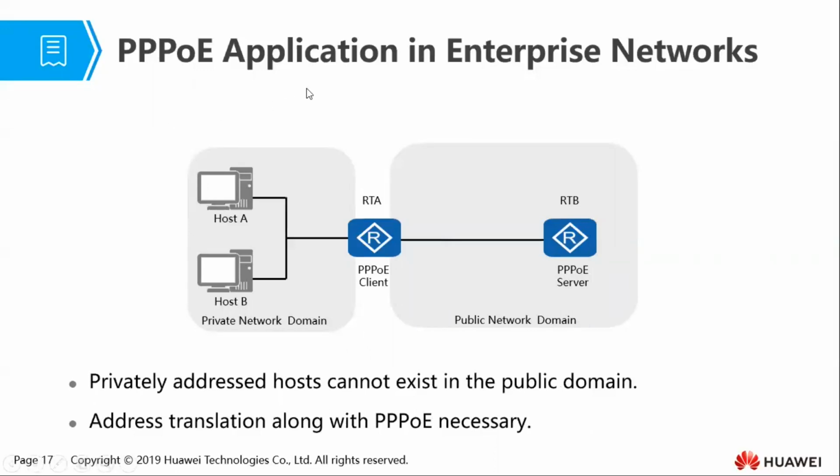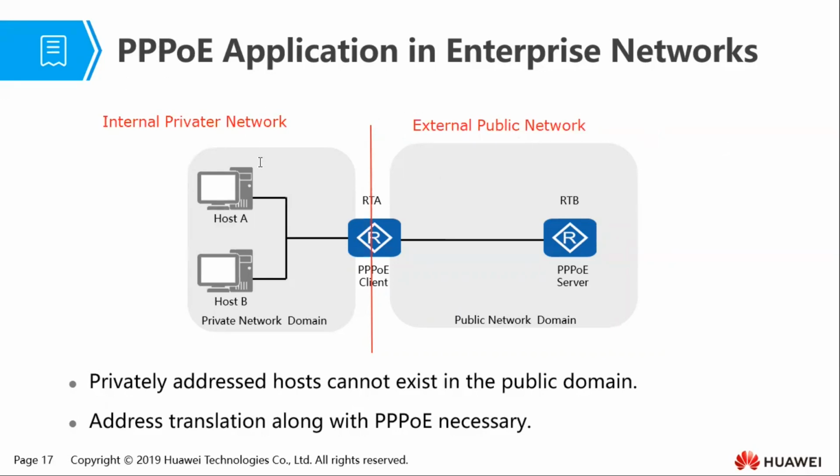So in the enterprise network, generally your router always acts as a boundary between what we call the internal private network and the external public network.